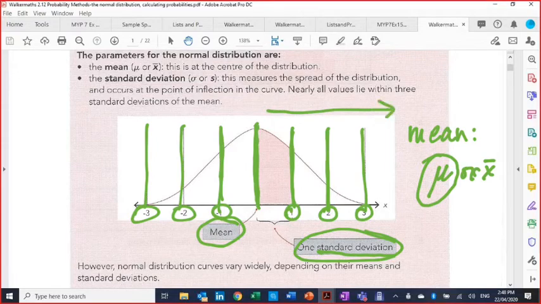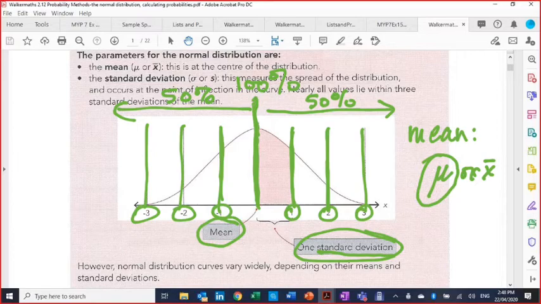So if you think about it, if you have the whole thing, that's 100% of the data, right? But the mean splits it in half, so this side is where 50% of the data is, and the other 50% is below the mean. That's something that you need to memorize and make sure that you really understand.